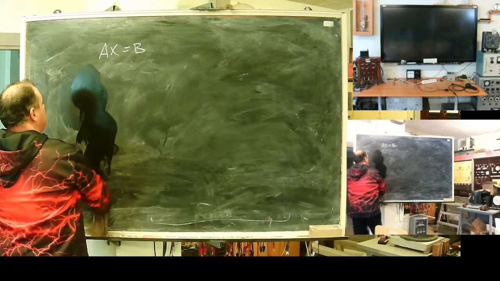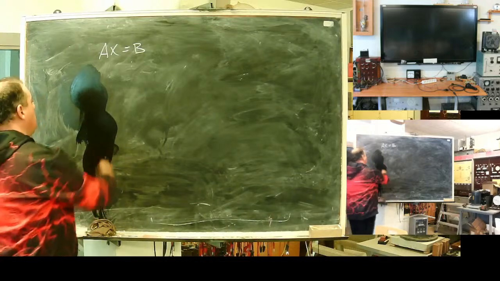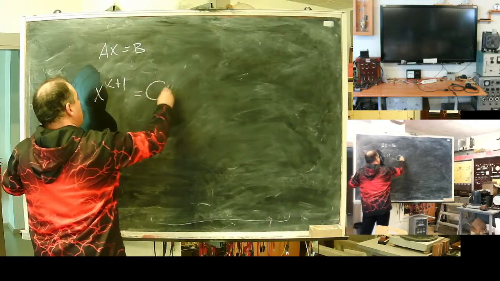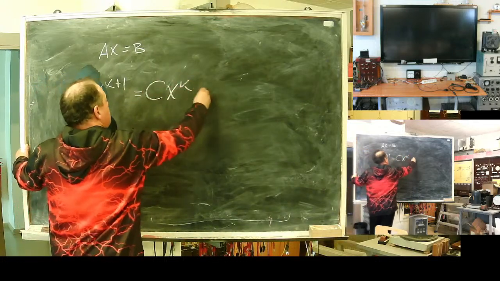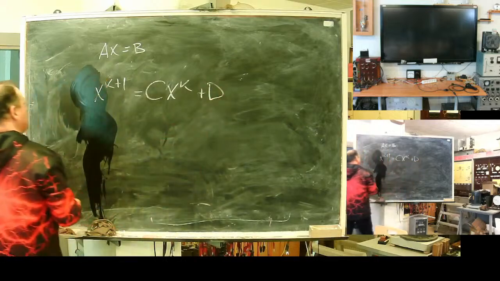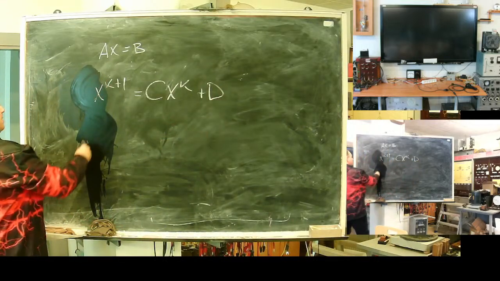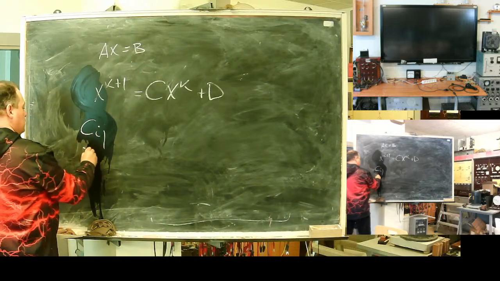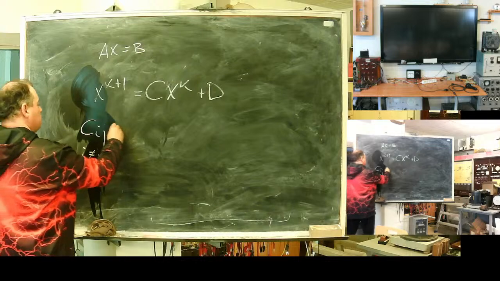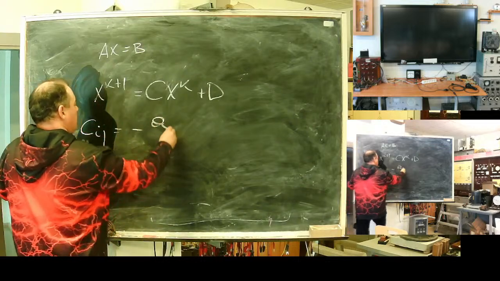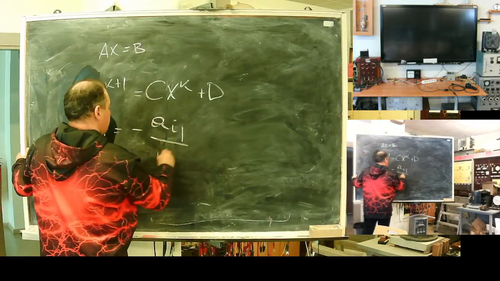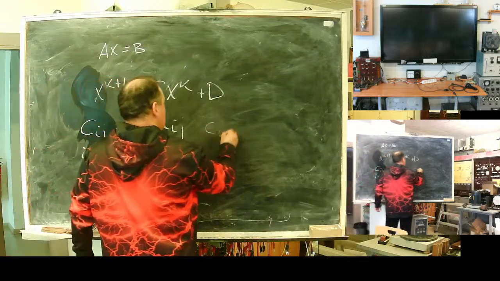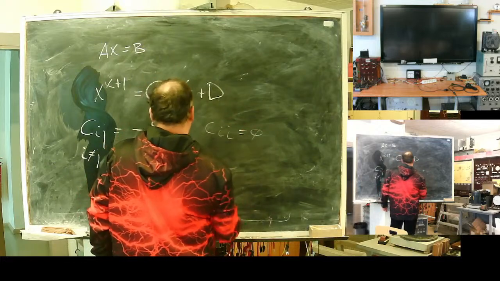Jacobi offered a technique where x next should be C x previous plus D. Here, C_ij, excluding i equals j, should be minus a_ij divided by a_ii. C_ii should be 0.